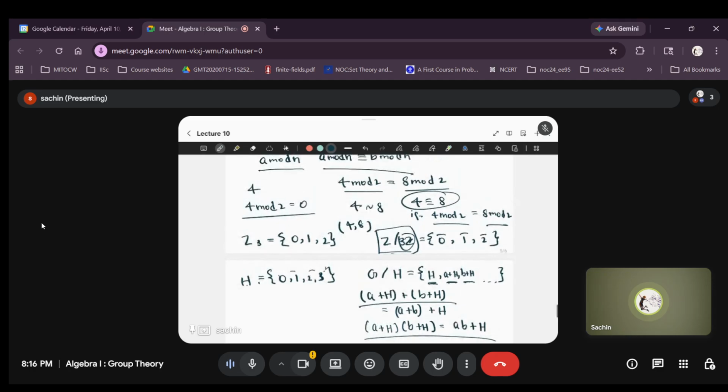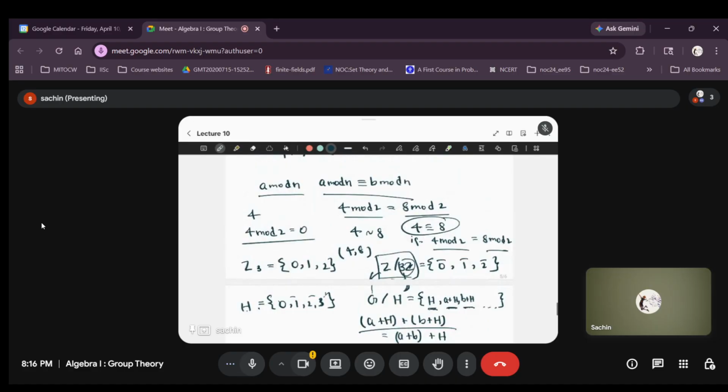So here this G is Z mod 3Z, and 3Z is a subgroup. nZ is a subgroup for any n. So Z mod nZ is simply... 3Z is the set of all multiples of 3, but it is also an equivalence class.